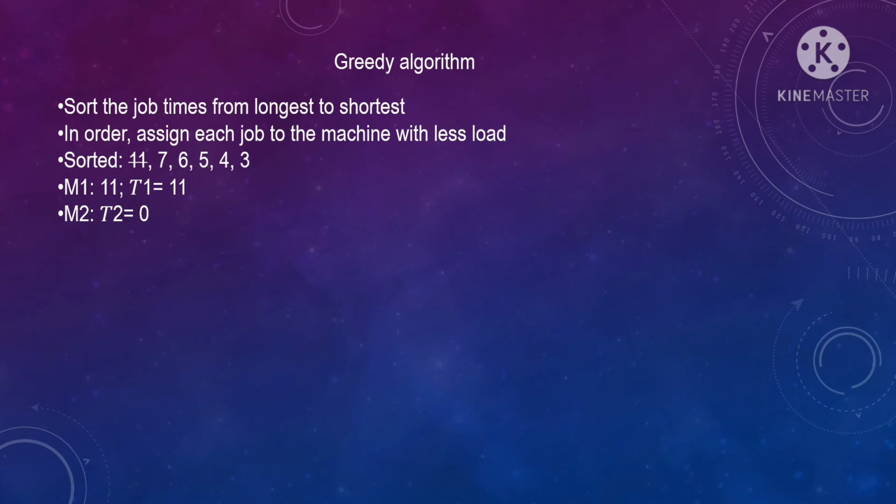Greedy algorithm: sort the job times from longest to shortest, in order assign each job to the machine with less load. Sorted, 11: so M1 is 11, M2 is 0.